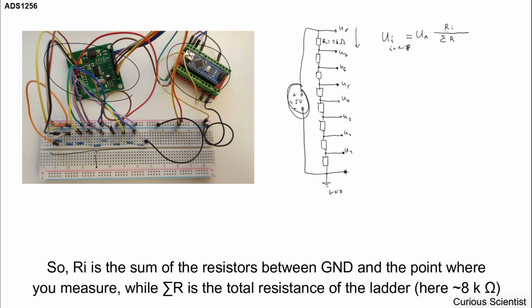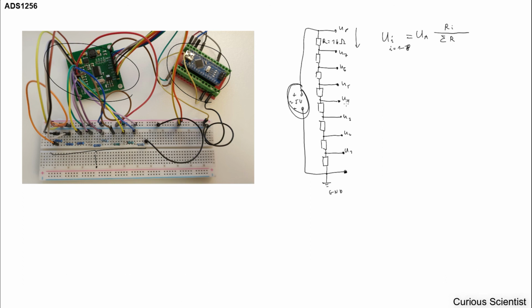So here you have 5 kilo ohm, here you have 4, and so on and so on.